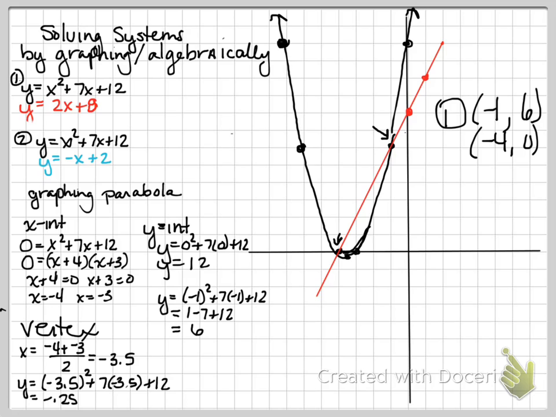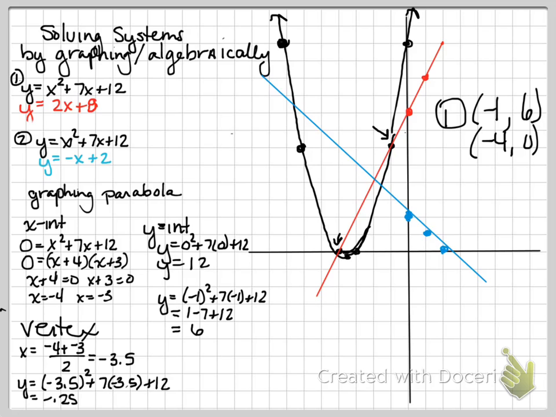So on my second equation, I'm going to start at 2. I'm going to go down 1, over 1. So there's my slope. So let's graph the line. There we go.